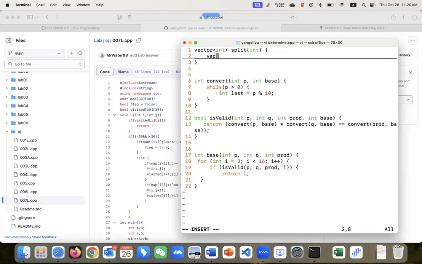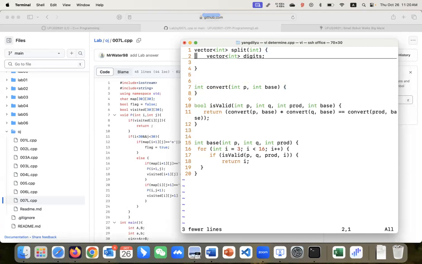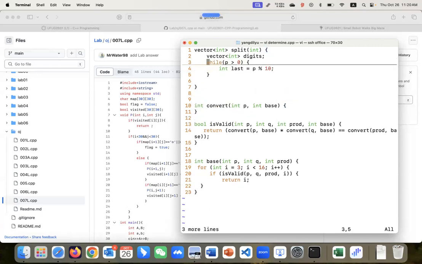We can have a vector of int called digits. And yeah, let me put this one up. You have the last one. You can push back into our vector.